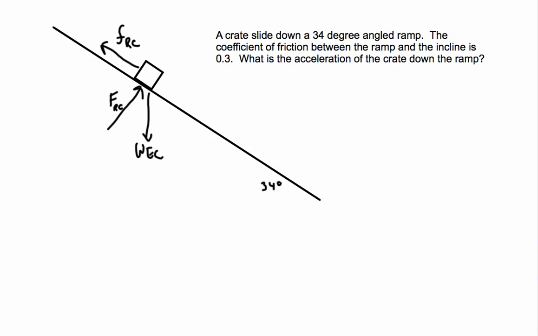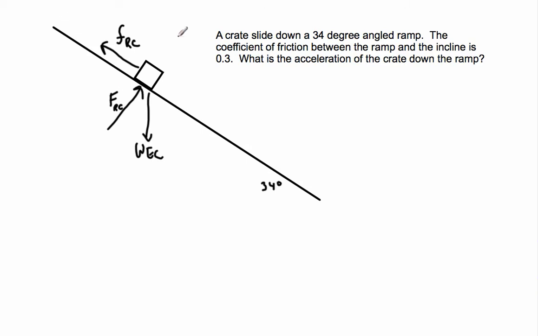Now, in order to keep things simple motion-wise and to some extent mathematics-wise, we are going to want to do an axis system that's a little bit different than what we've done previously.